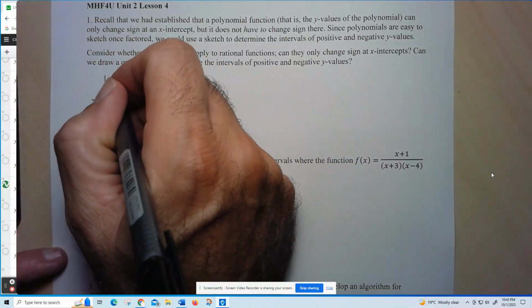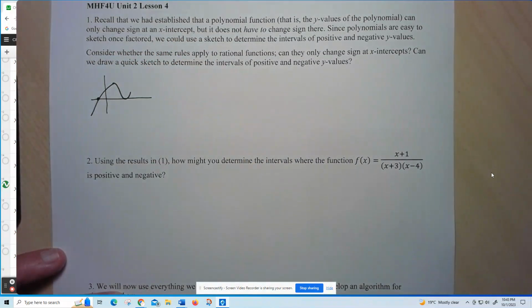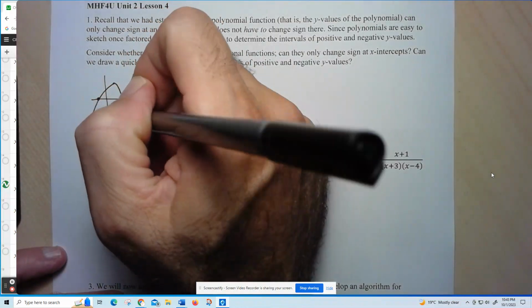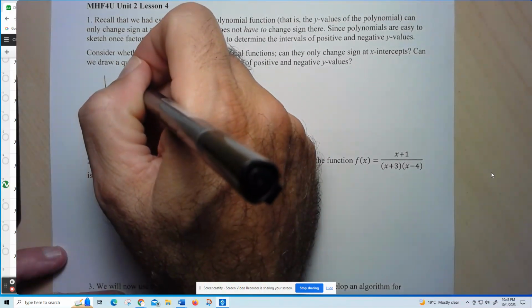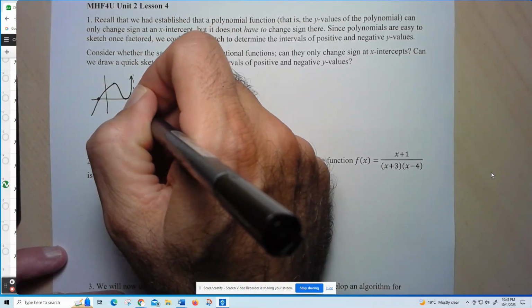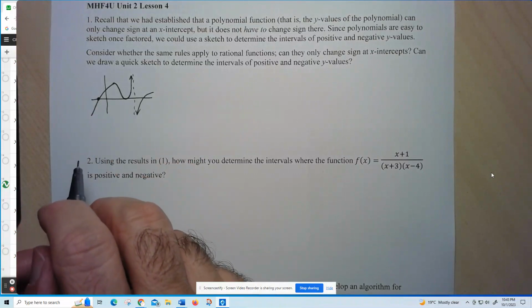It can also not change sign at an x-intercept, as we've seen before. But now that we're looking at more complex functions, you hopefully realize that there are other places a function can change sign. For example, if you have a vertical asymptote, there you go. The function just went from positive to negative, yet there's no x-intercept there.